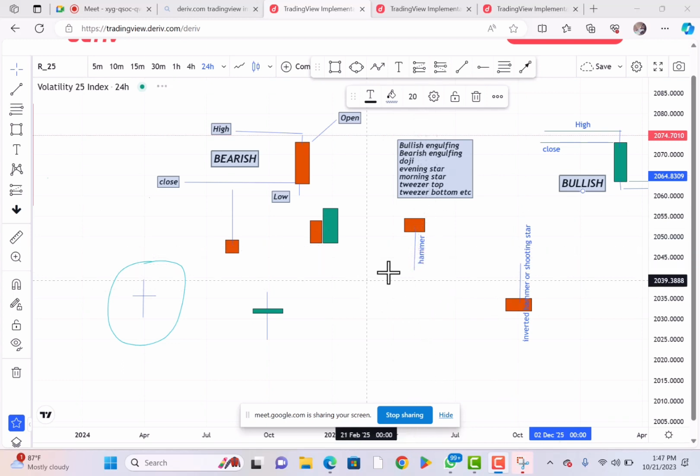And I now give him the example of candles, which by drawing this inverted hammer, this is an inverted hammer or shooting star. The name doesn't matter. It's just for you to understand what they interpret in the market. That once you see it in a trending market, a market that is trending to the upward direction, it's a sign that the market wants to reverse from going to the upward direction to the downward direction. So that is the answer to his question.